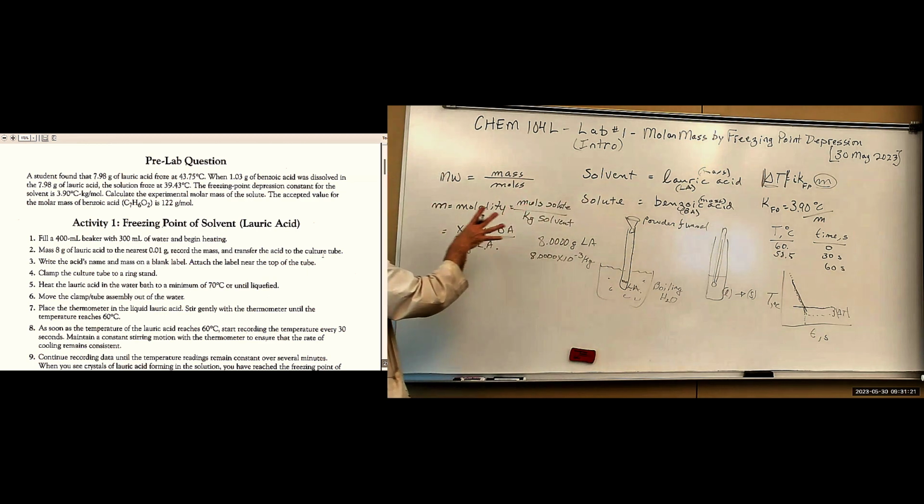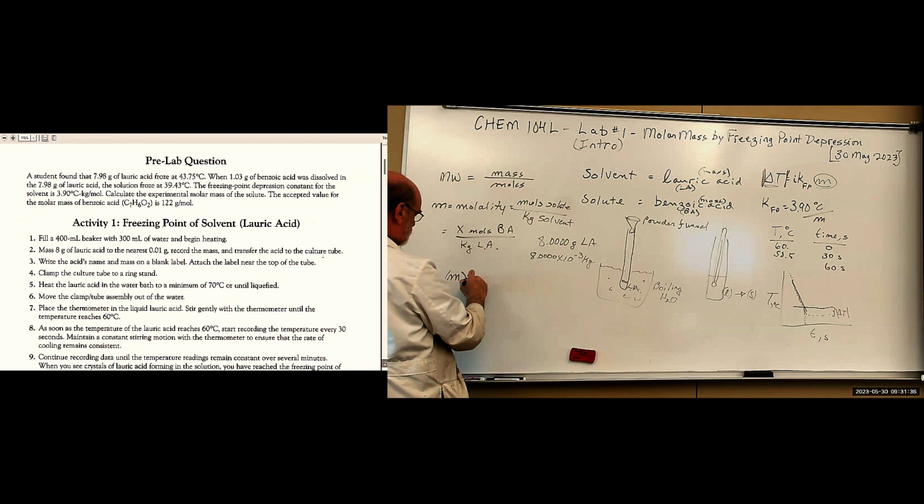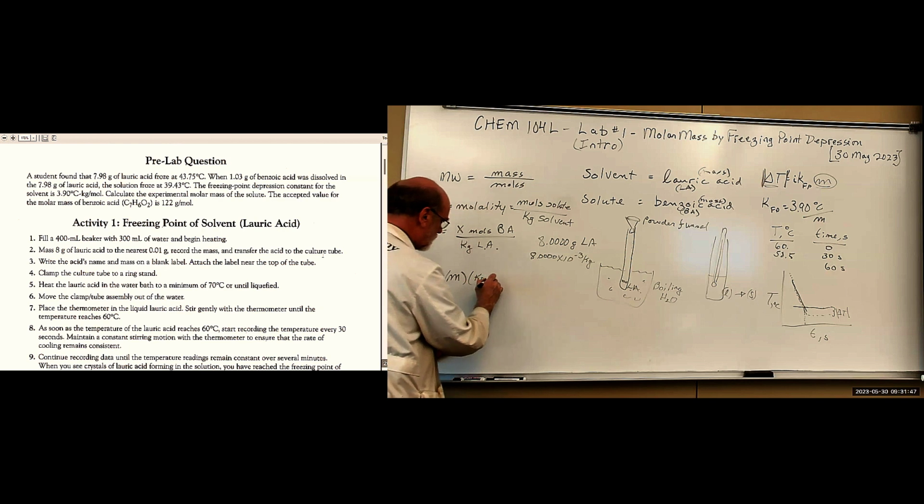So we have an equation in one unknown. We have moles of benzoic acid equal to molality times kilograms of lauric acid. There we go.